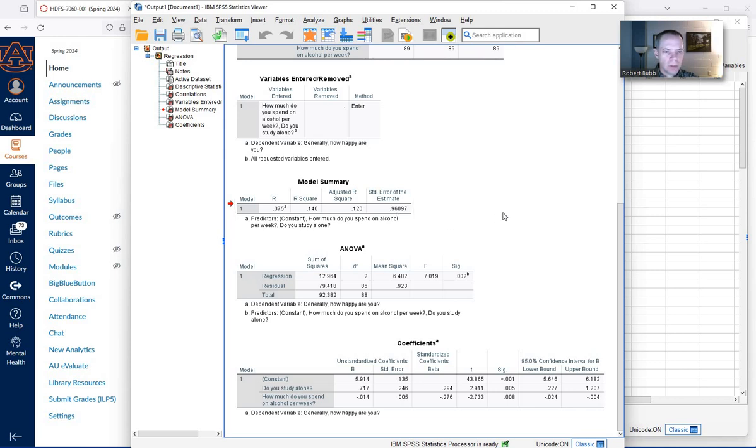Okay, so that was kind of a crash course when it came to our coefficients and regression that we talked about from last semester. Let's go ahead, let's do one more. Let's do a moderation analysis and interaction analysis. I'm going to do it the long way, right? Instead of using PROCESS.